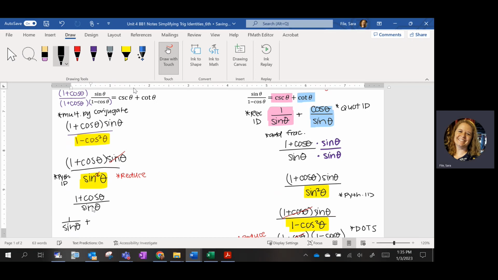If you have addition or subtraction in your numerator, you can separate this out into separate terms. You just keep the same denominator. So the 1 over sine and the cosine over sine can be separated.